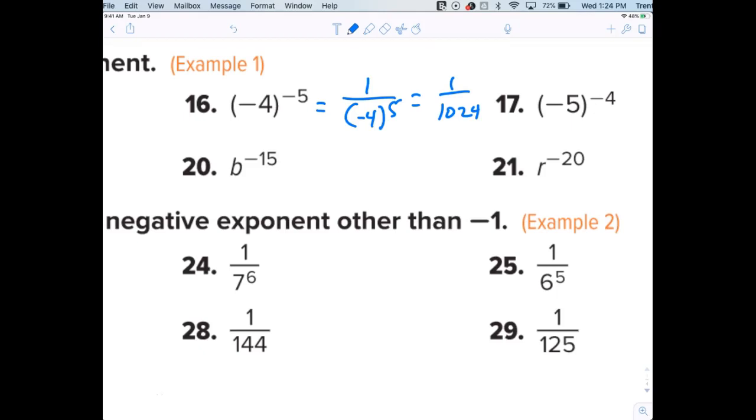So everybody do negative 4. Oh, by the way, it is negative, sorry. Write in negative 4 to the negative 5. Does it come up as a fraction? No. It's too small for most of the calculators.